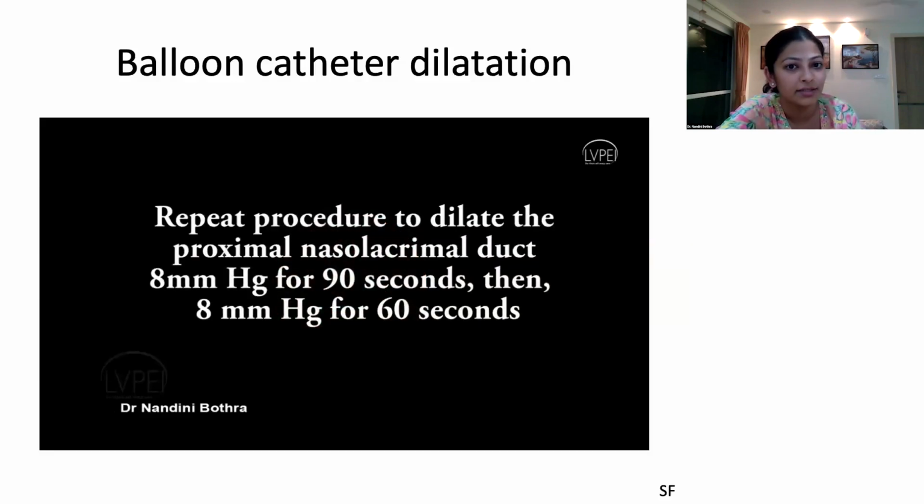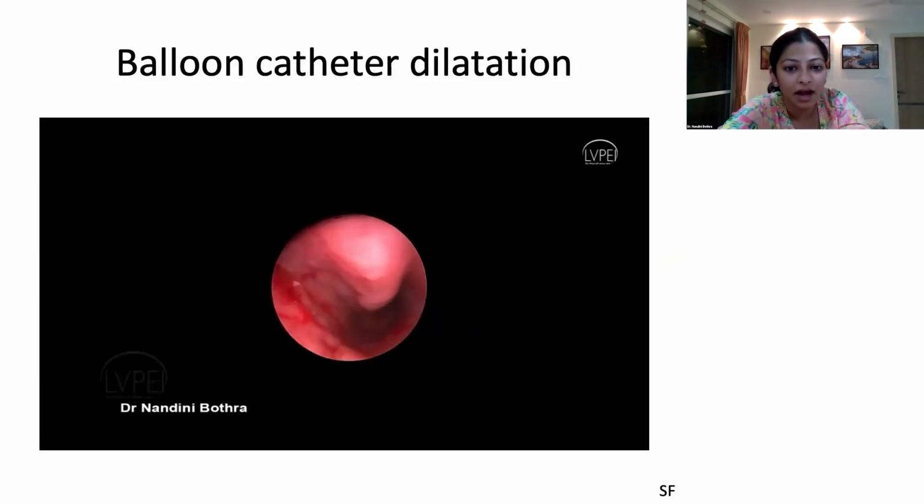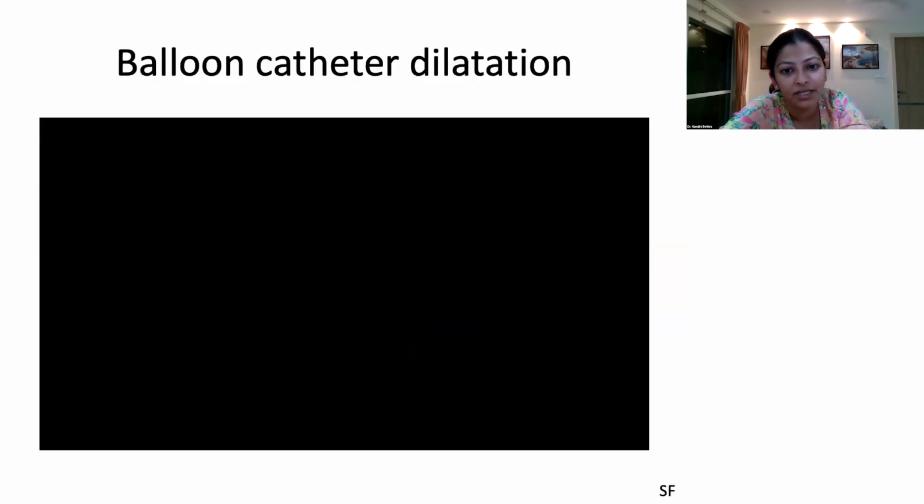You do not want that. So this exactly is the procedure for balloon catheter dilatation. And then after the dilatation, you do an irrigation and you see free fluid coming into the inferior meatus. Next.